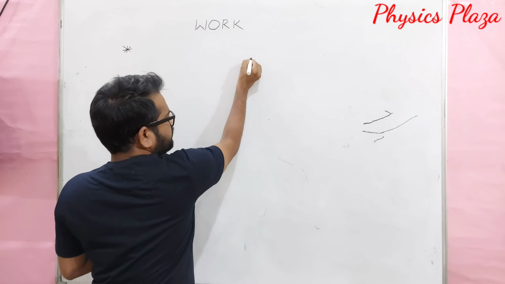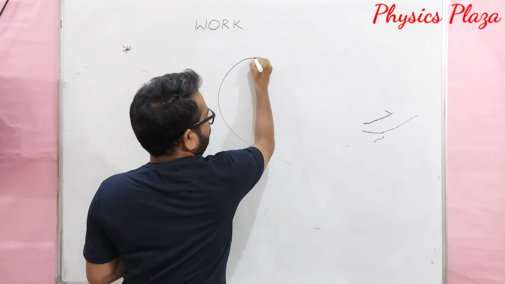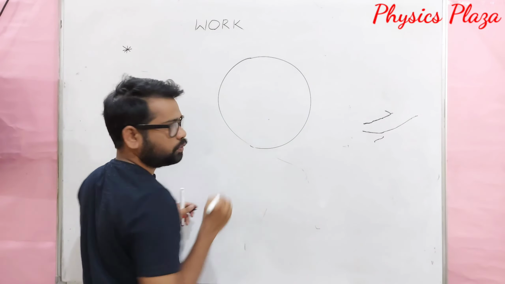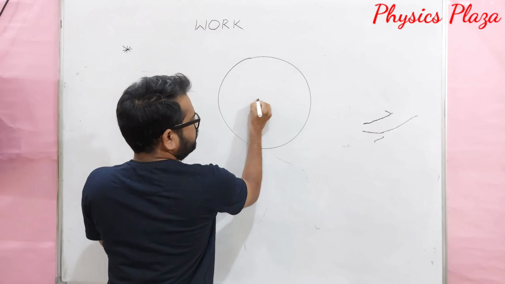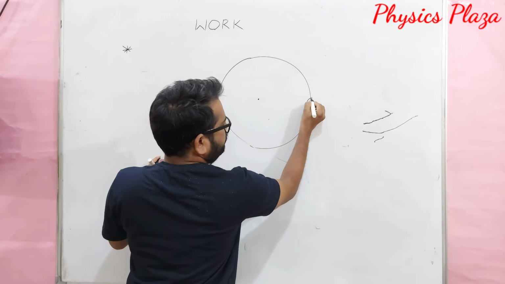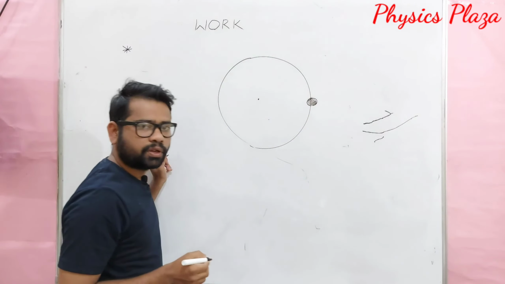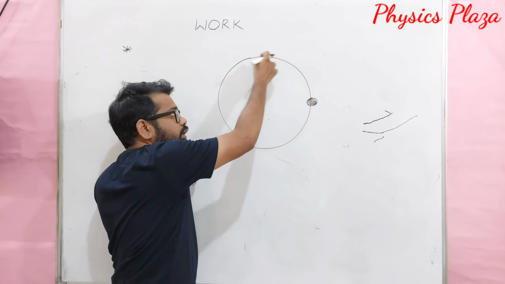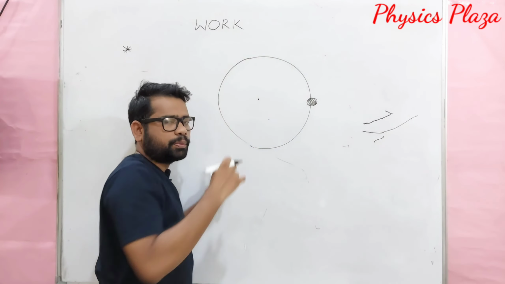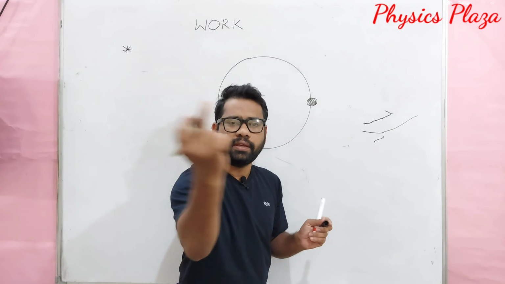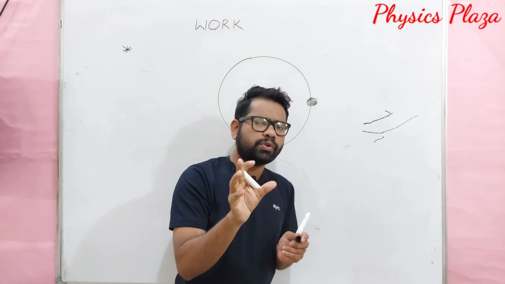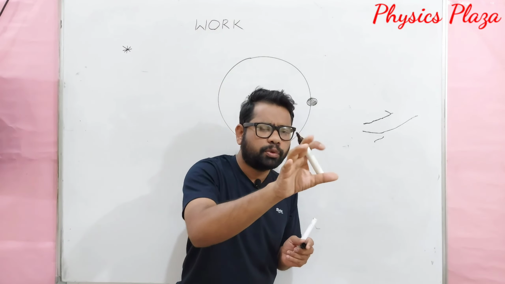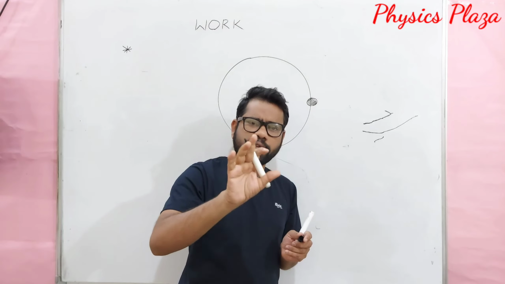Let us imagine here is a horizontal plane, and let us say here is the center. Here is an object. Dear children, as we know, for a body moving in a circular path, especially in a horizontal plane like this, a continuous force acts on the body, always trying to pull the body towards the center. This is called centripetal force.